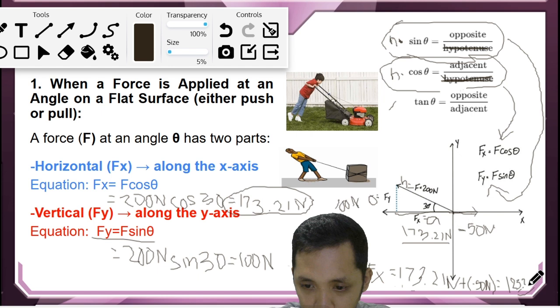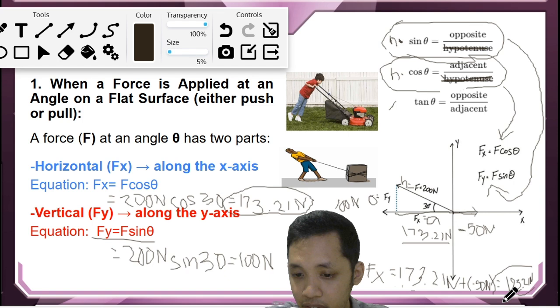So now, knowing that we have 123.21 newtons along the x-axis, will the box move or not?